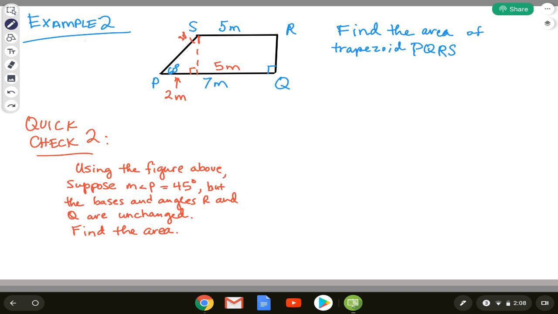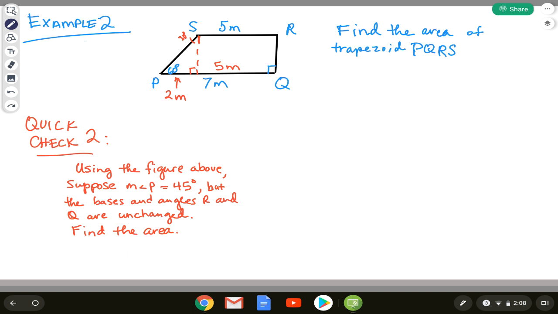So what I can do is use the special triangles, the 30-60-90 triangle. We know the short side, and I know that the long leg of the 30-60-90 triangle is the short side times the square root of 3. If you don't remember that, you could also use trig functions to find what that height would be, because you know the angle is 60, so you could do tangent of 60 degrees equals h over 2.